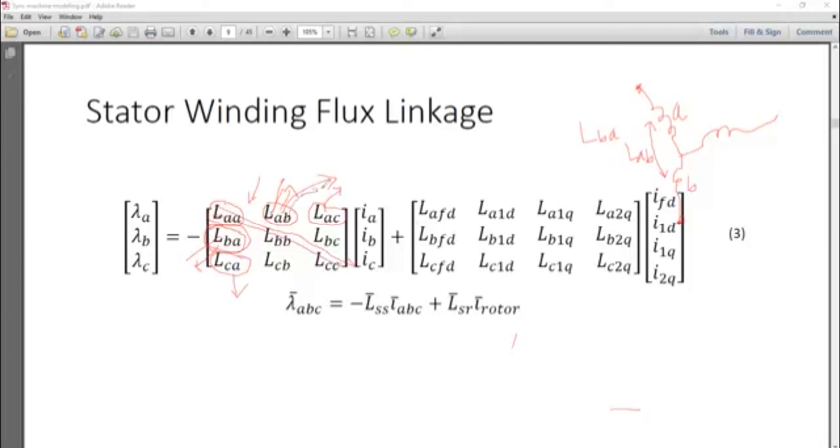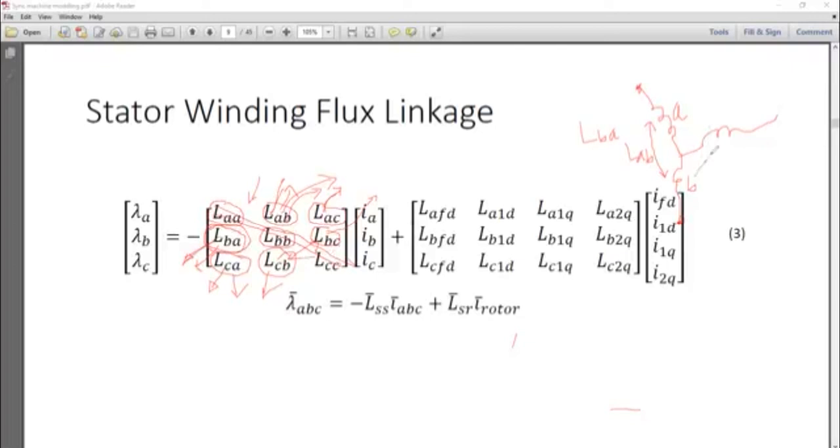So LAB we have shown, and that is same as LBA. LAC we have shown, so LCA is also done. So your job is to calculate now LBC, LBB. Once you are done with LBC, then LCB is also done. These should be same.